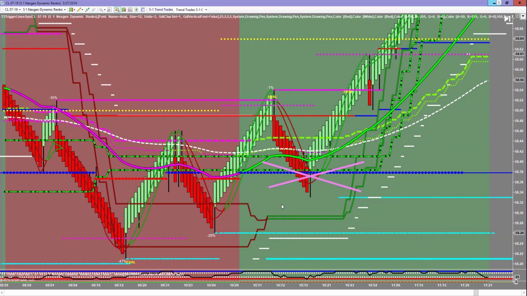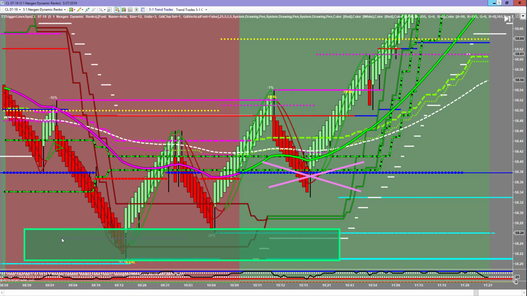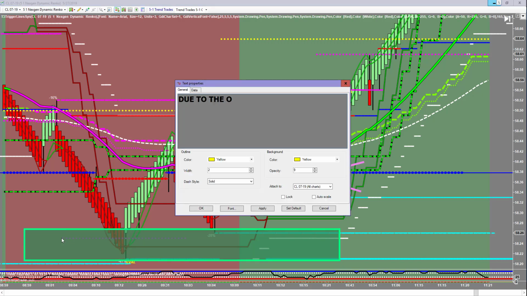Again, you're going to be able to do something that's really magical pretty soon. You're going to be able to say this: due to the overwhelming bottom look on the larger charts, I can take the first more assertive trend trades.